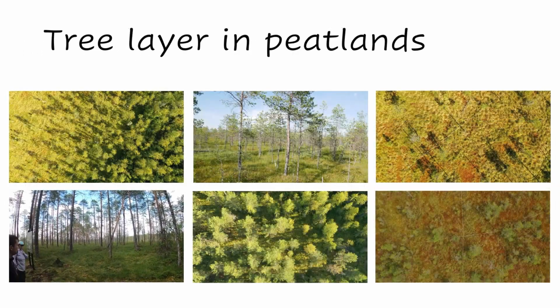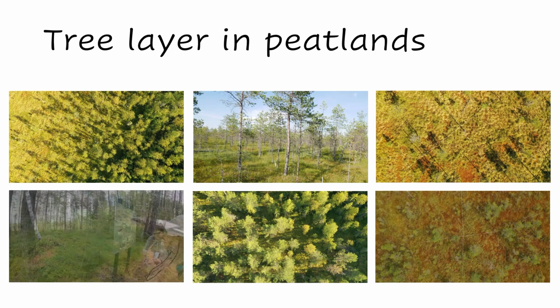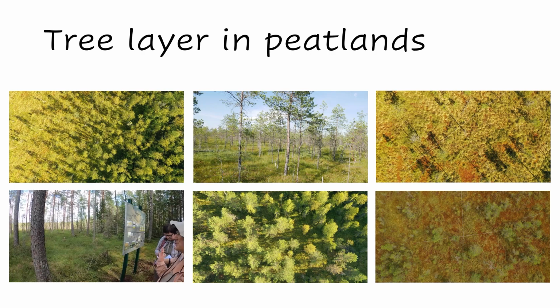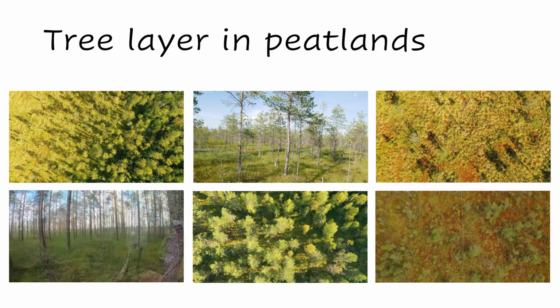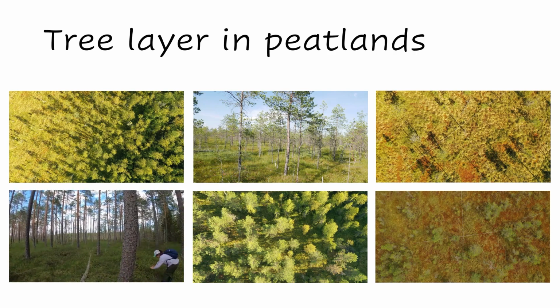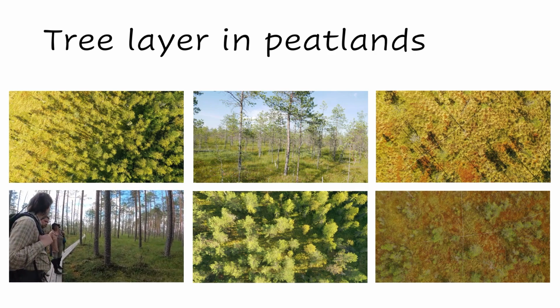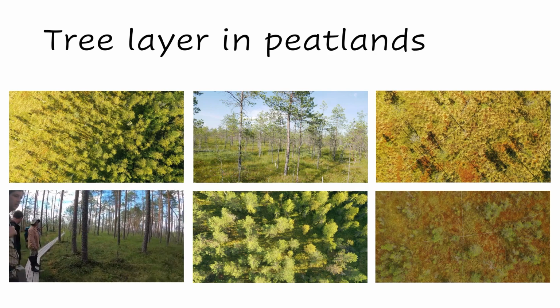Tree layer in peatlands is a very tricky thing. There are, especially in Russia, a lot of discussions. Where is mire and where is forest? Actually, for me, the criterion is more or less clear.